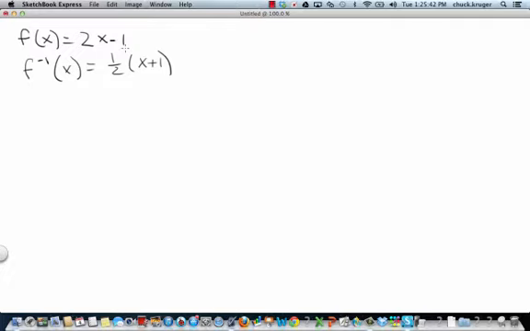And what it is when I do a composition, so if I compose these, if I put the inverse into the function, that's f compose f inverse.